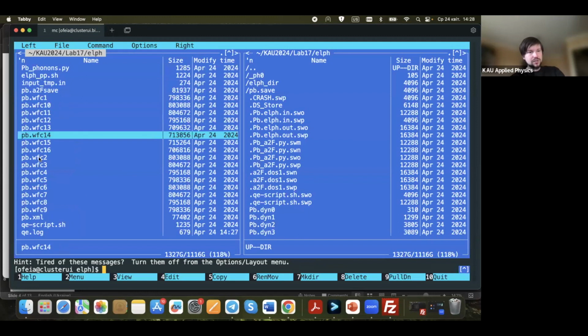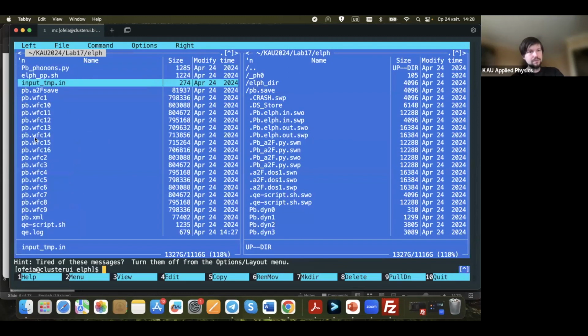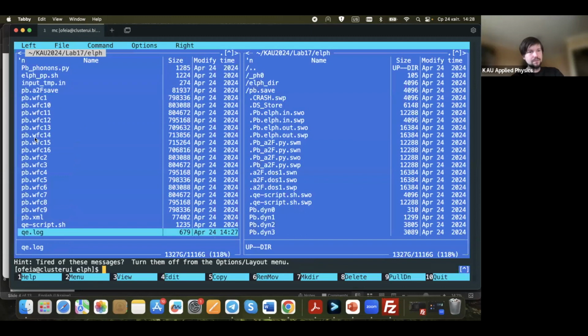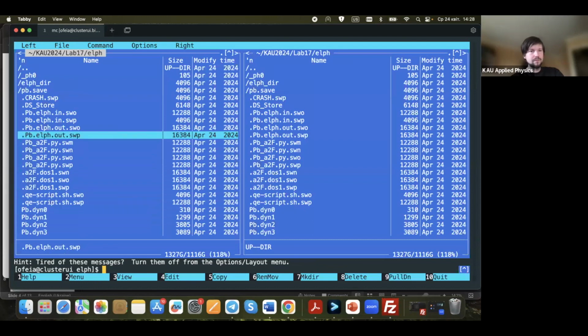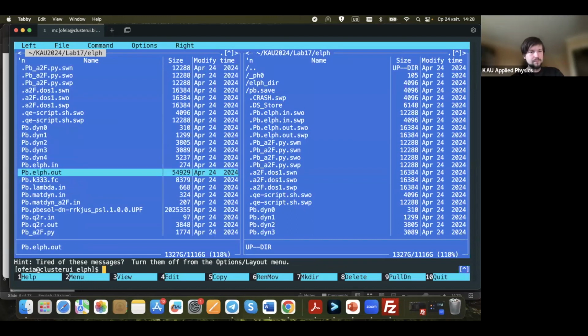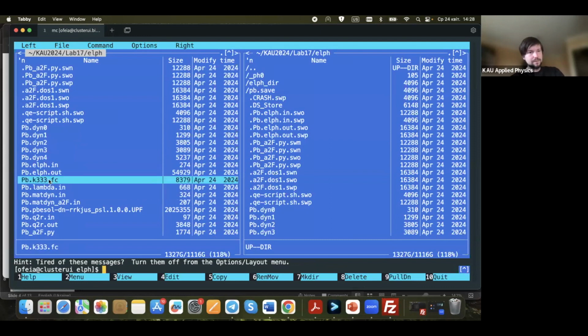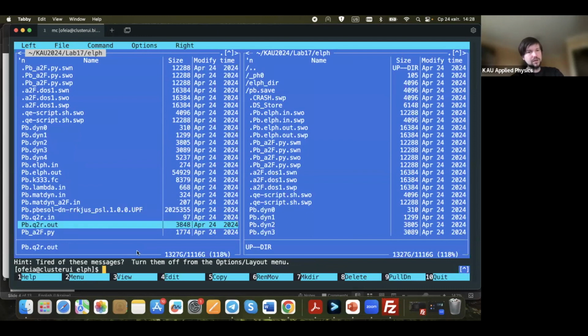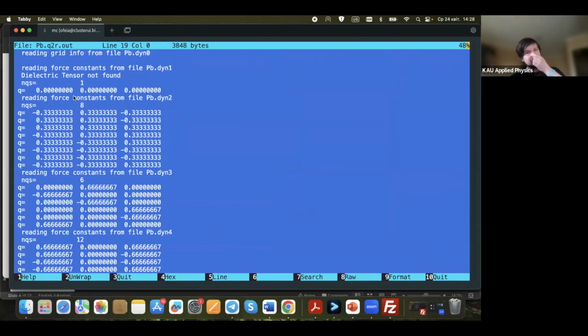We can check whether everything is okay. Yes, here Q2R, we see that everything is okay.